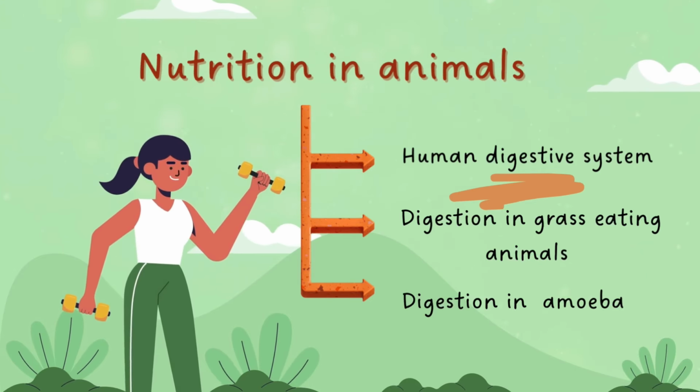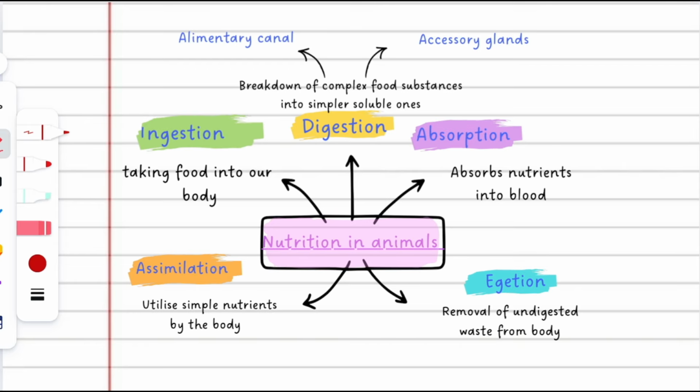So now for this topic, we will be discussing nutrition in animals, right? Now we consider animals as heterotrophs. Now what is a heterotroph? The organisms that cannot prepare their own food and are dependent on others are termed heterotrophs.